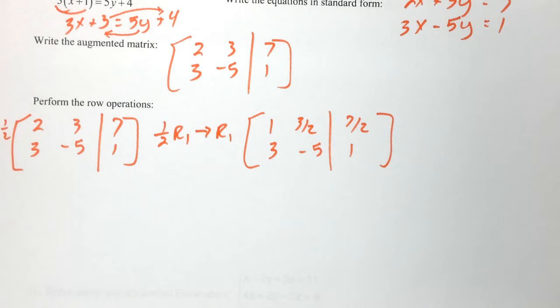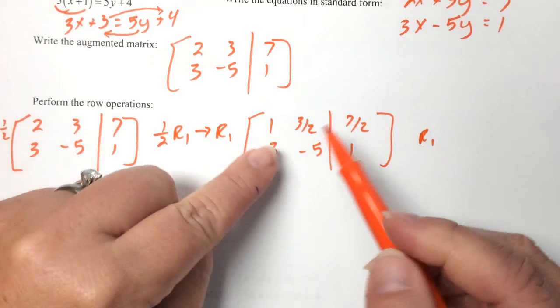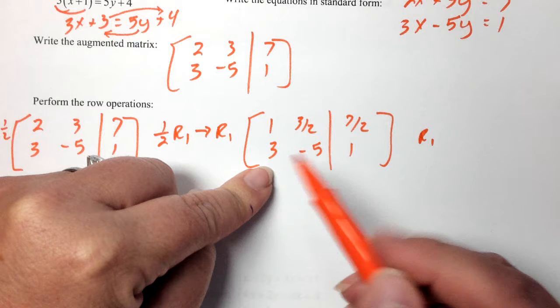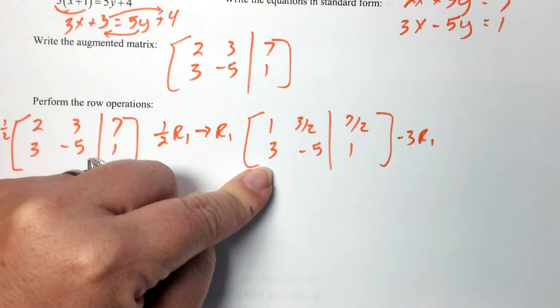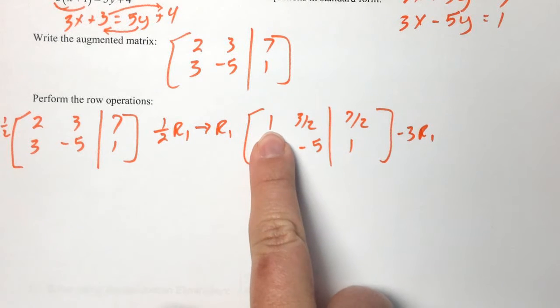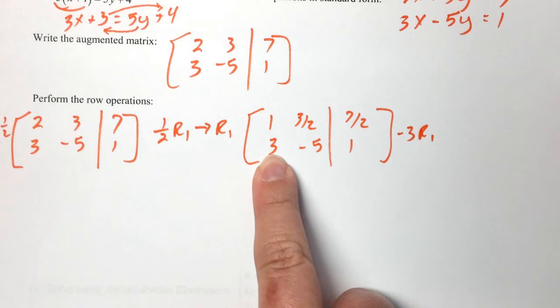So I need to multiply my pivot row, which is row 1, by the opposite of what I'm getting rid of. I'm getting rid of a 3. The opposite of 3 is -3. So if I multiply row 1 by -3, 1 times -3 is -3. Will that -3 cancel with +3? It sure will.